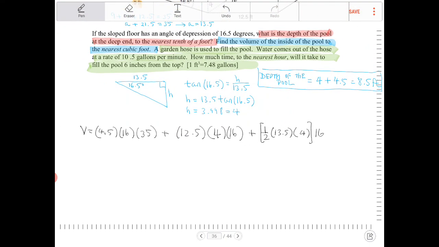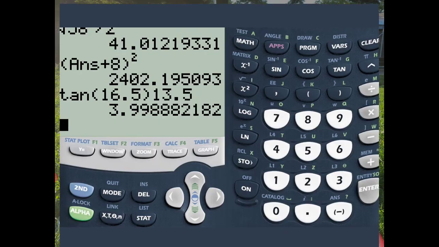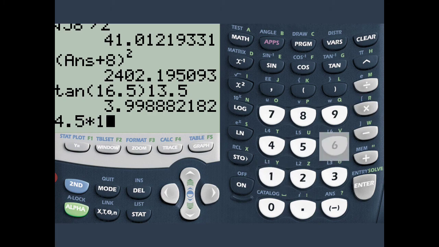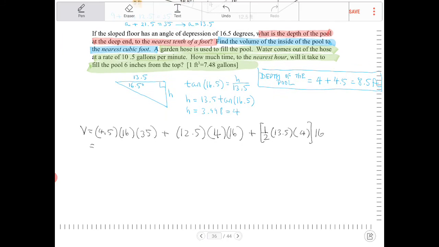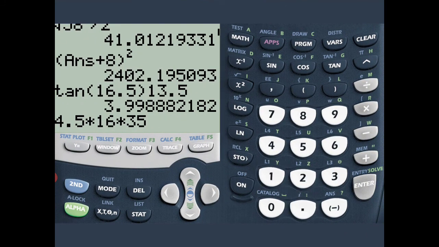So I'm going to enter this all into the calculator. So 4.5 times 16 times 35, plus 12.5 times 4 times 16, plus 0.5 times 13.5 times 4 times 16.